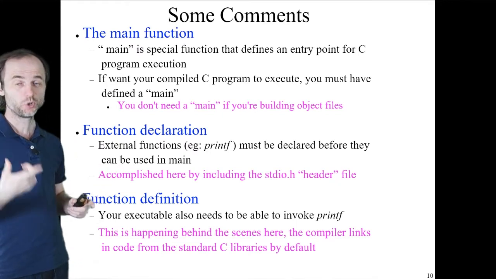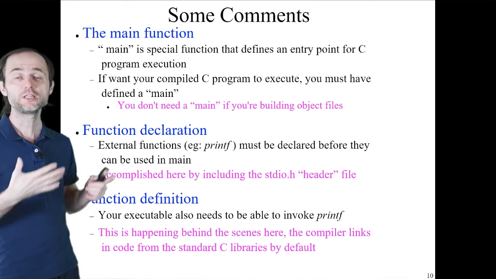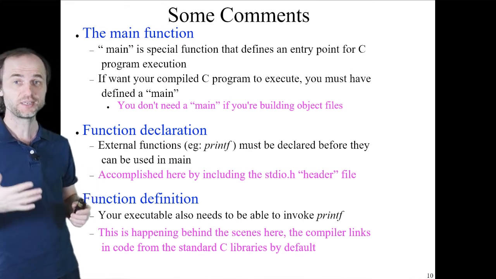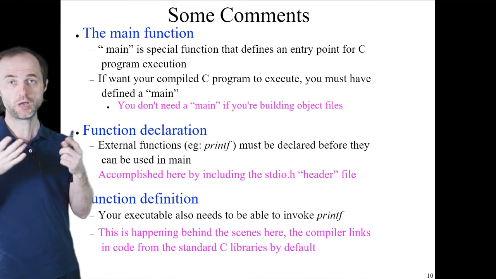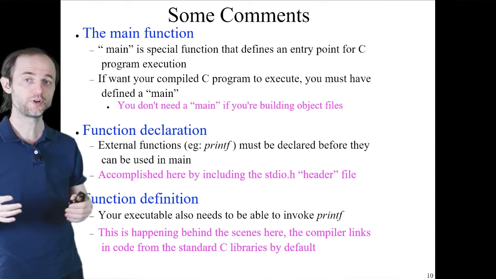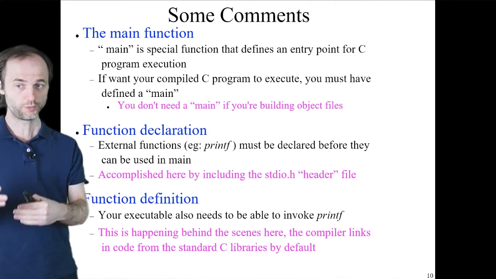Finally, you also need to provide the function definition, not only the way to use it, that is what are the arguments and what are the returns. You also need to provide the code for that function, the one that will be run by the machine.